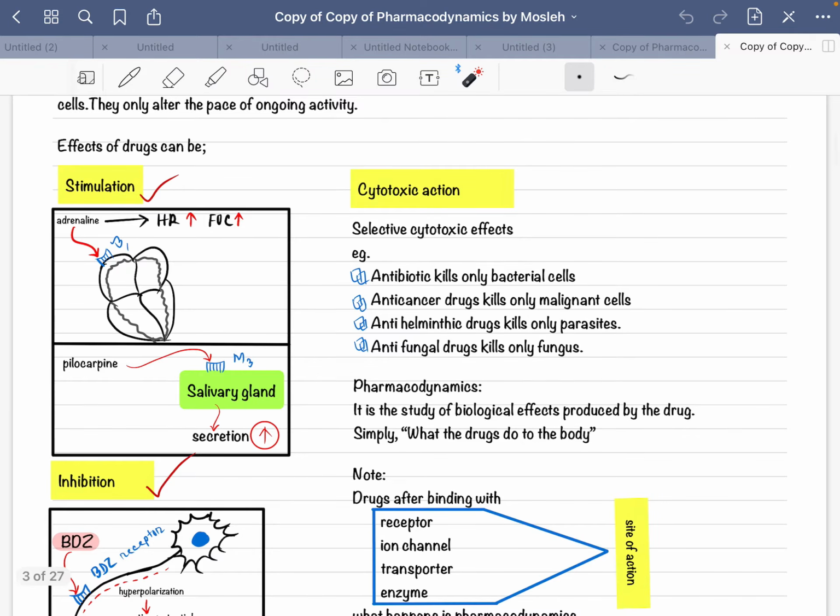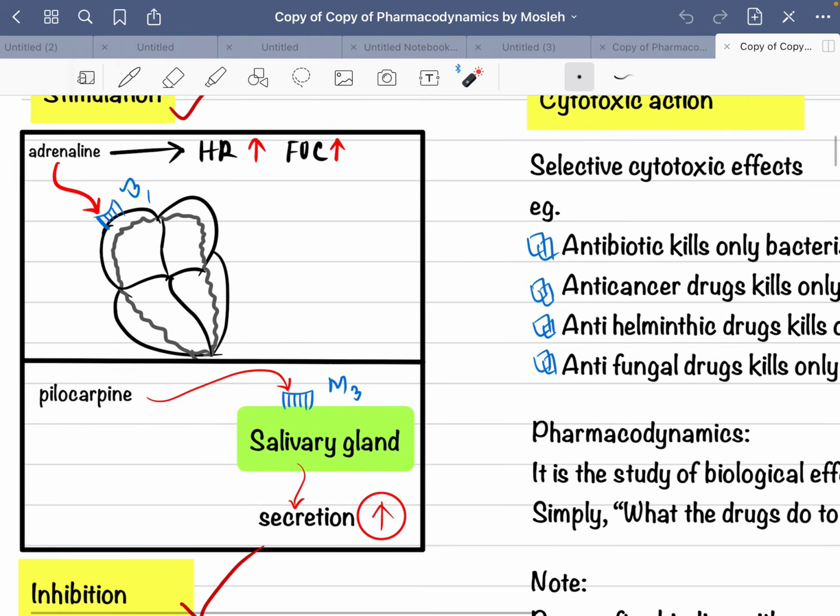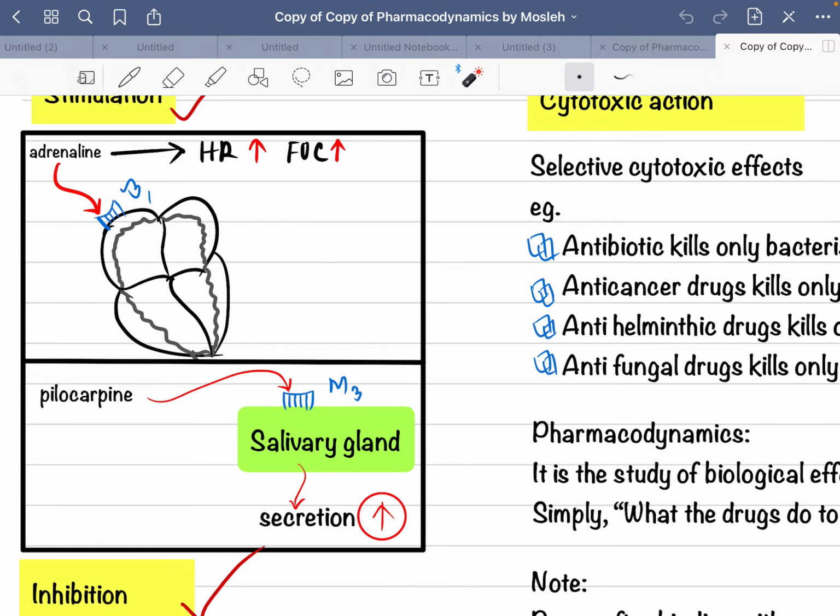Okay, so look at the example. At first, now we will show you the stimulatory action of a drug. Suppose we give an adrenaline infusion, then what will adrenaline do?